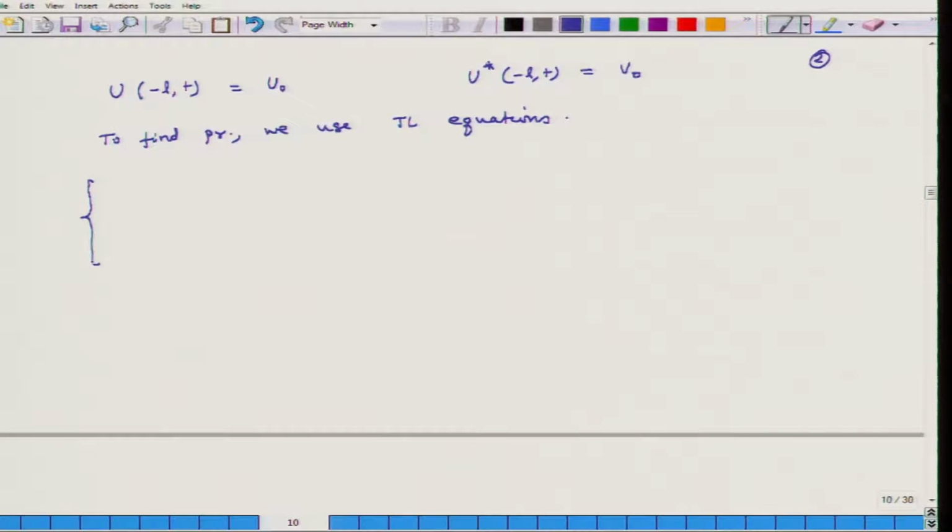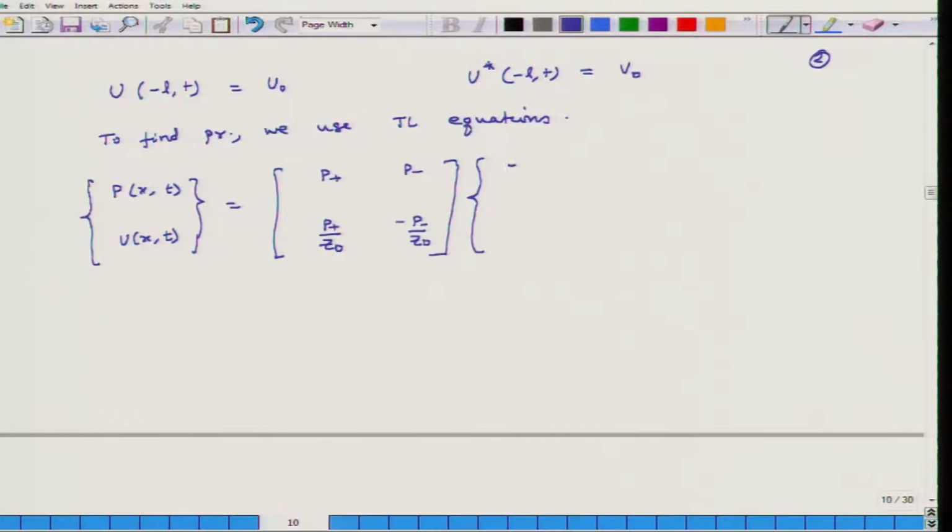Our transmission line equations say that complex pressure and complex velocity can be expressed as P plus, P minus, P plus by Z naught and minus P minus by Z naught, divided by e to the power of minus j omega x over c, e to the power of j omega x over c, times e to the power of j omega t.